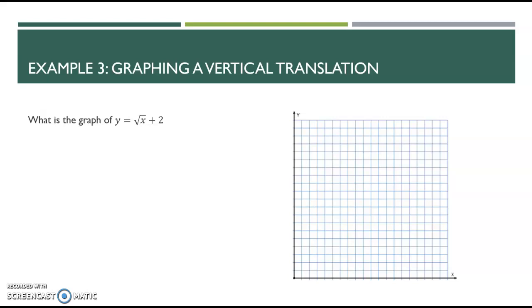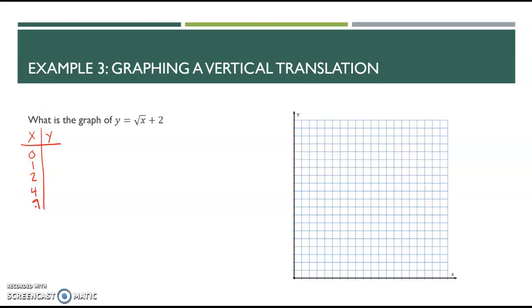And so the numbers I'm choosing for the table are going to be so that we can compare these to the parent function in the first video. The parent function used x values 0, 1, 2, and then it skipped to 4 and 9.